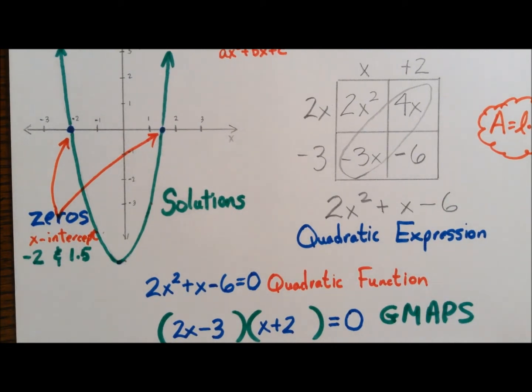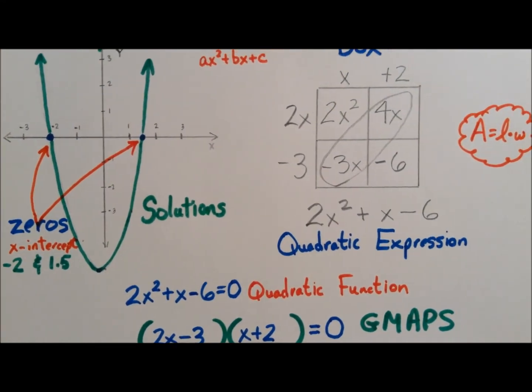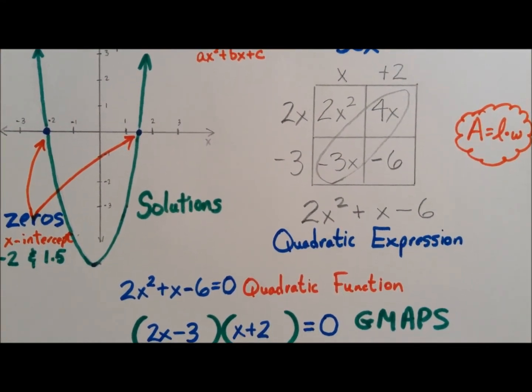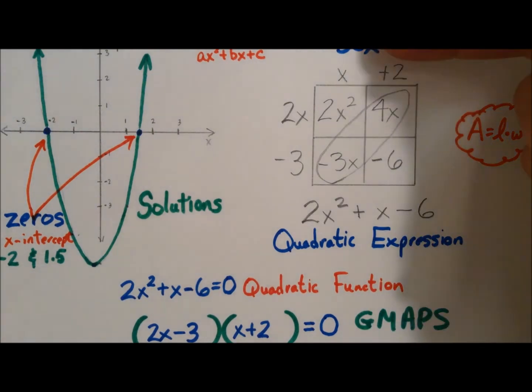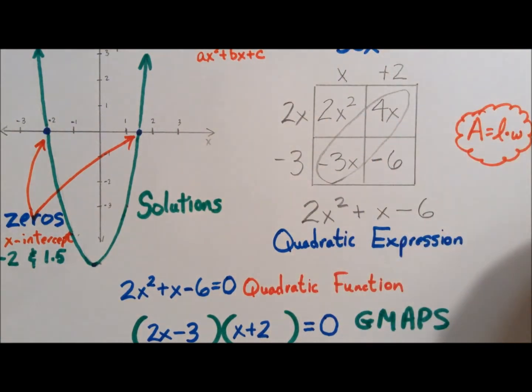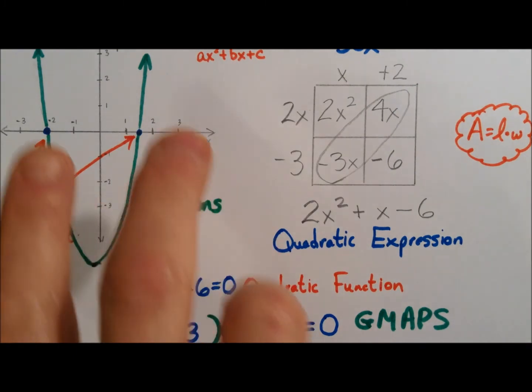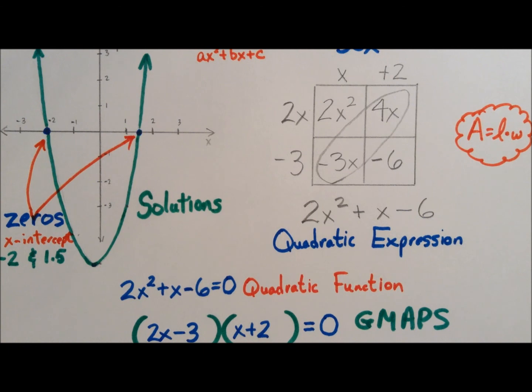Well, first of all, I want you to pause the video and just take a look at all of this, because all of this is related. It's the same stuff looking at them from different perspectives. This is the factored form of the quadratic. Same thing down here. The quadratics will produce the x-intercepts or zeros or solutions.